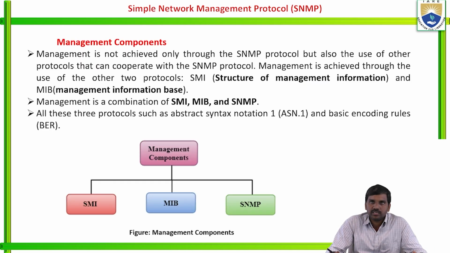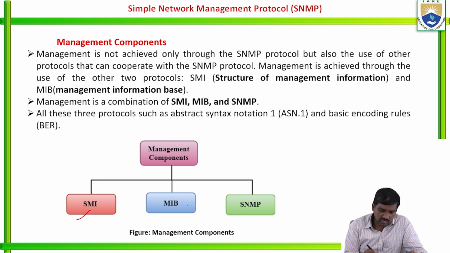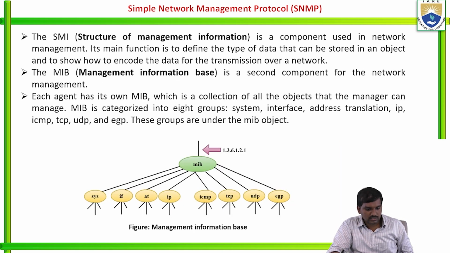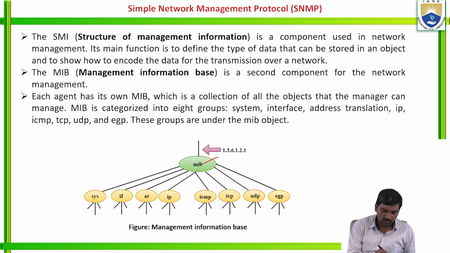Management components: here SMI is one component, MIB is a component, and SNMP is a component. These use protocols such as Abstract Syntax Notation One and Basic Encoding Rules. This is the structure of management information by MIB.